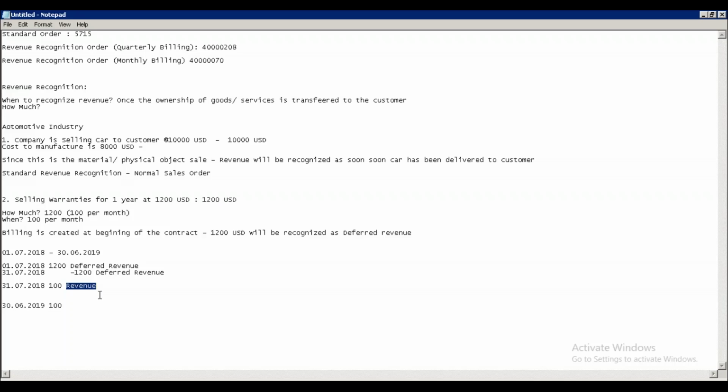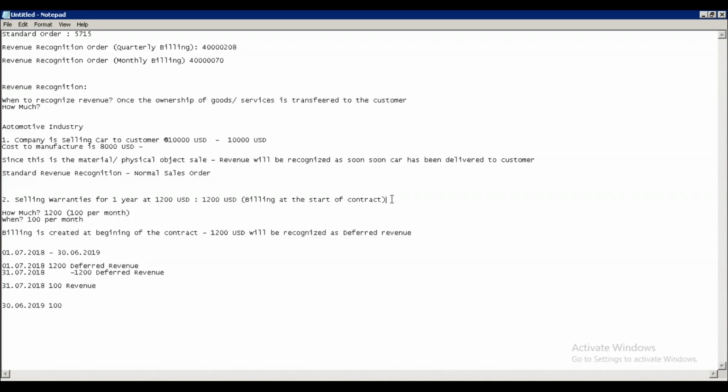Clear on this? Any question till now? Okay, so this scenario was selling warranties for 1 year for 1200 USD, with billing at the start of contract.